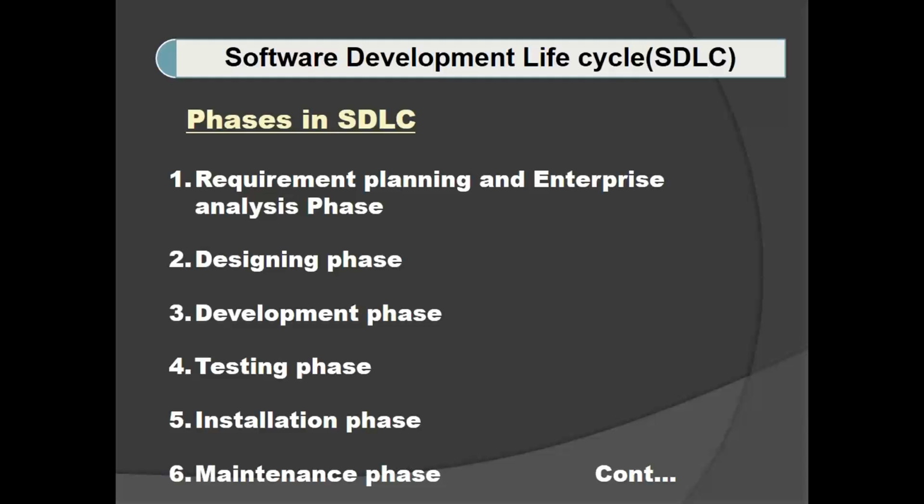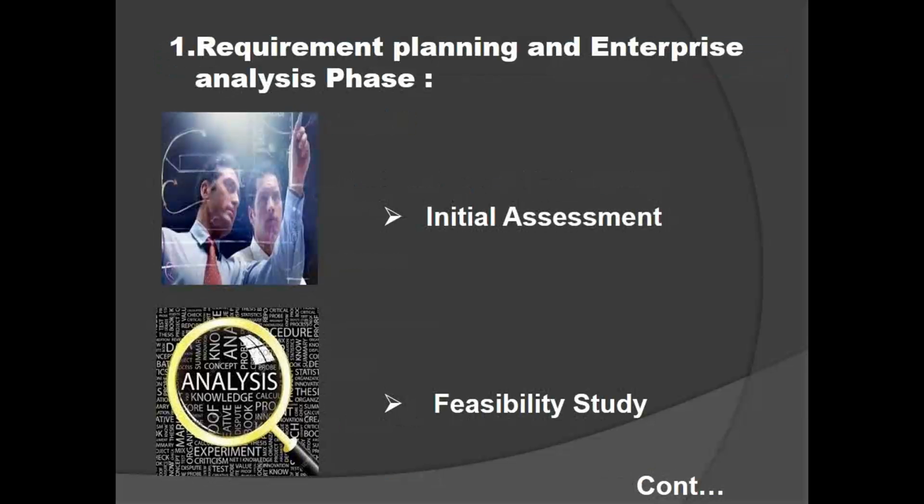So first, we will see the requirement planning and enterprise analysis phase. This is the first phase in SDLC. That means we are going to start the development of a project with this phase, that is requirement planning and enterprise analysis. The main activities that we cover are initial assessment and feasibility study.